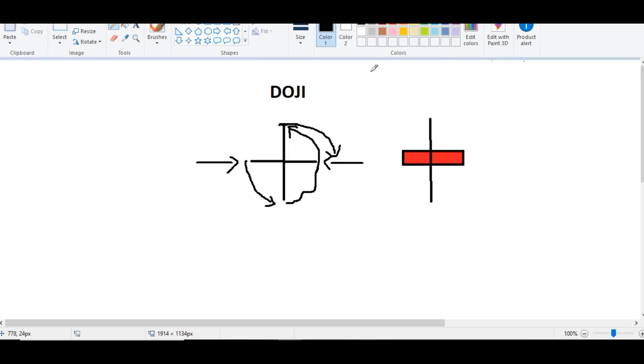So basically what happens is when you see this, let's say in an uptrend, you see price going higher and higher and higher, and all of a sudden you see this doji at the top of the trend. So what is that saying? At the top of the trend, there's a fight going on between the buyers and the sellers.